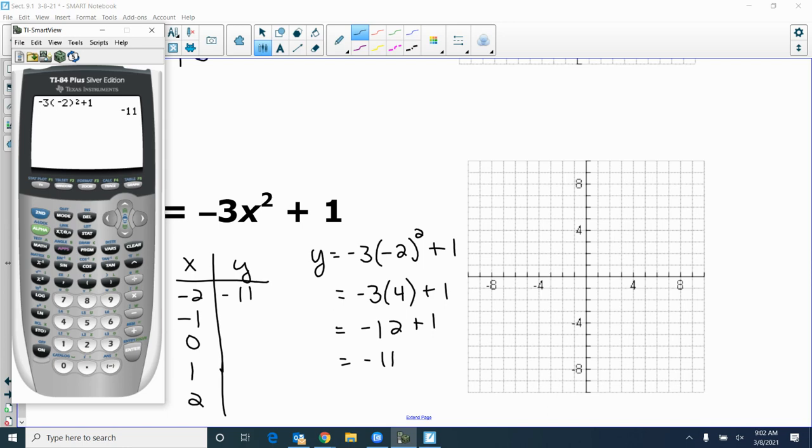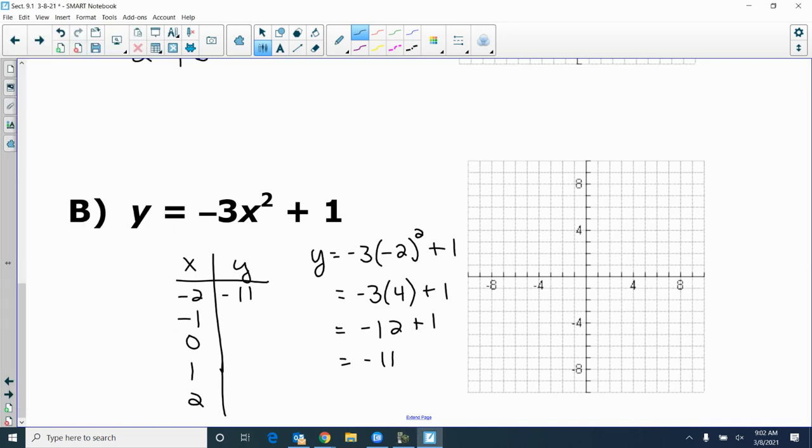All right, -1. What do we get when we plug in that? Okay, Evan? -2. He says -2. That will be correct. Okay, how about 0? Okay, Colin, 1.